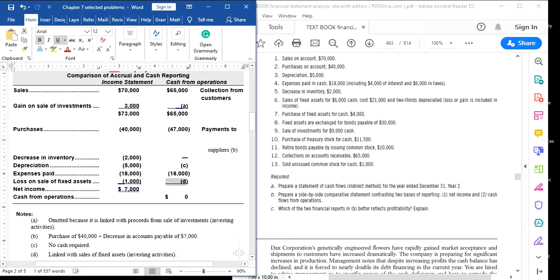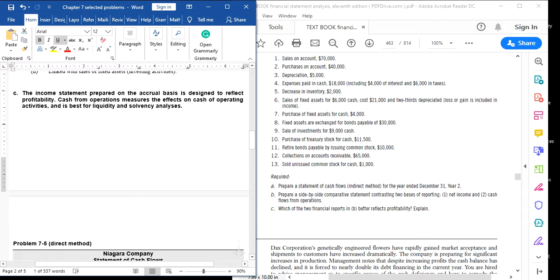Basically this is a comparison of cash flows from operations. So any items belonging to investing and financing activity will not be included in this table. Now the net income, sum all of these, we end up with 7,000, but cash flow from operations is 0. It's just 0.